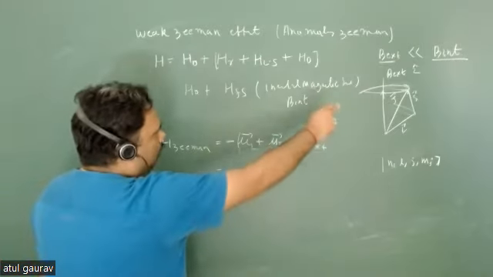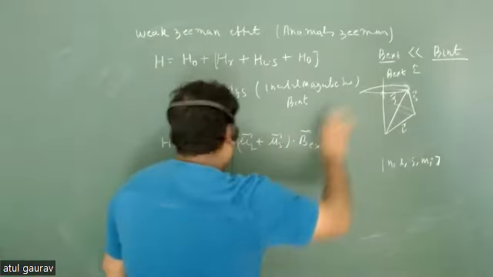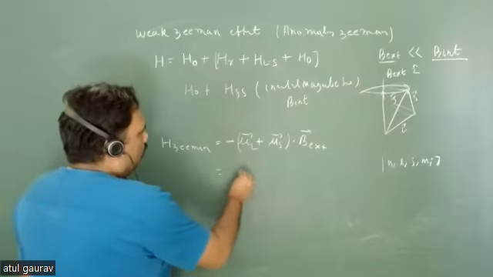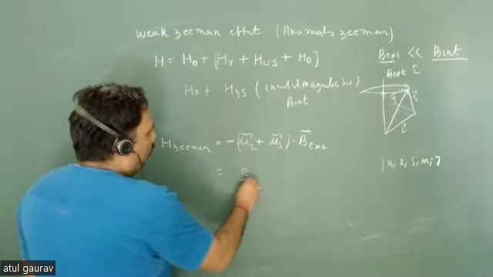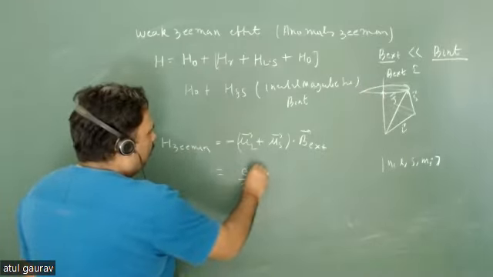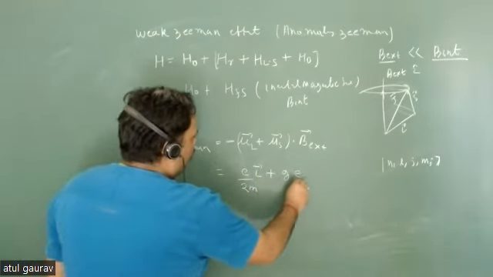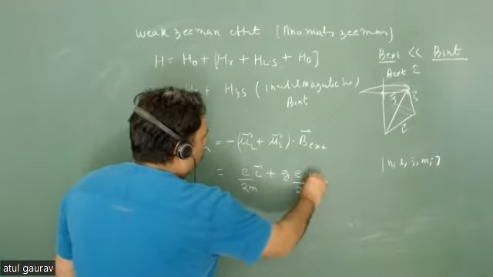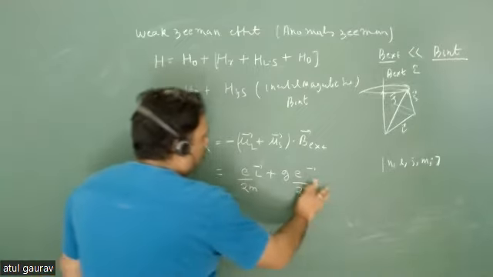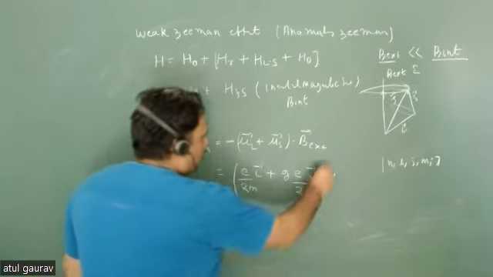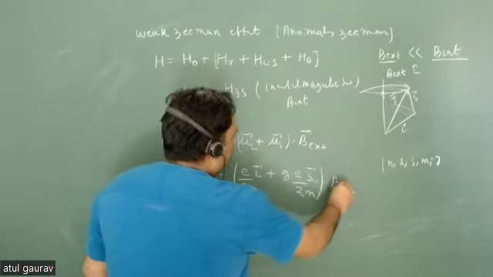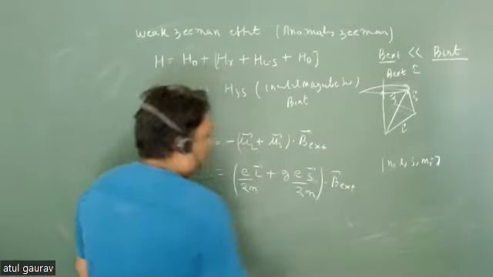Hence, this is an electron, and this electron has negative charge. So this value is equal to e upon 2m (L plus g S), sorry, this will be S, into B external.